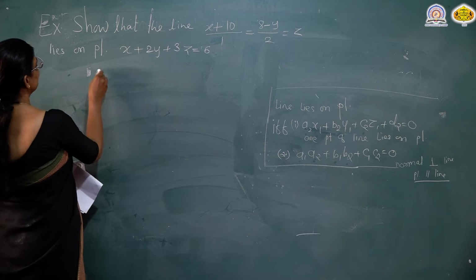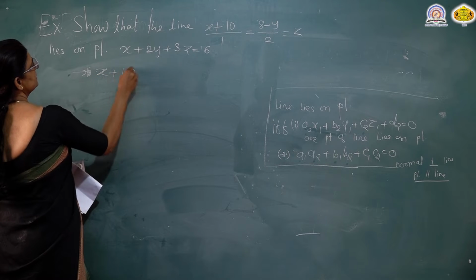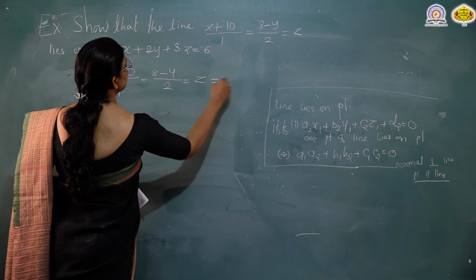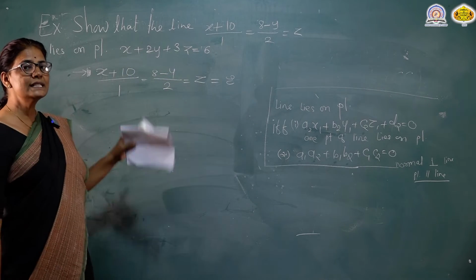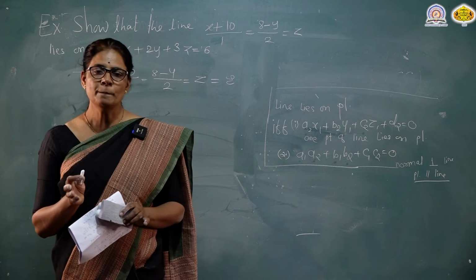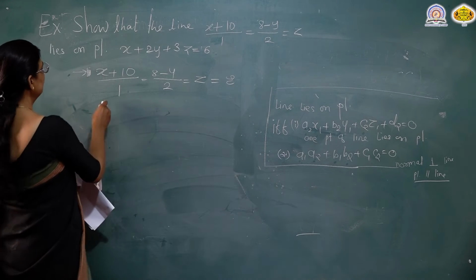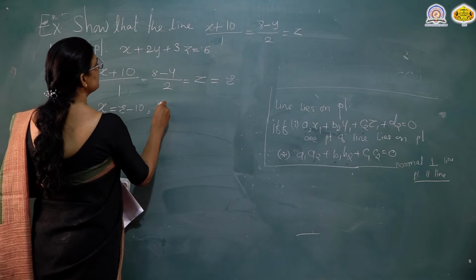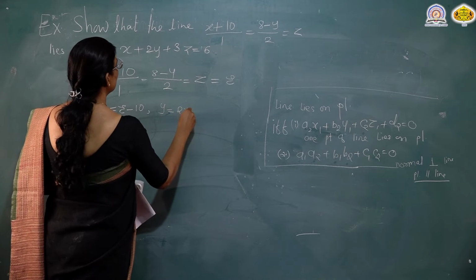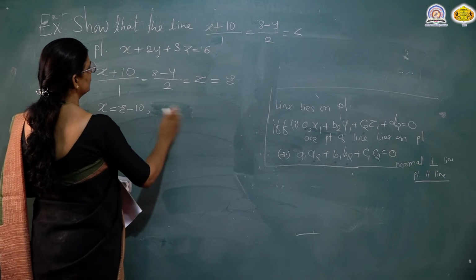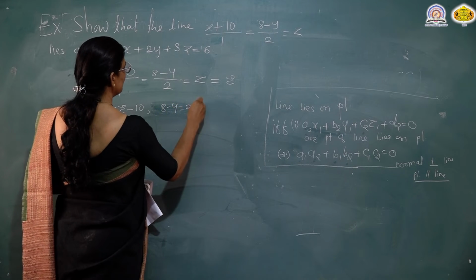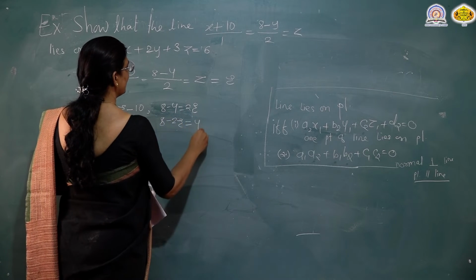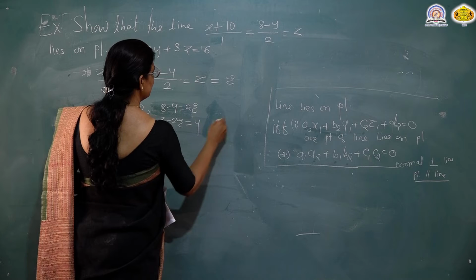So now here, to find the arbitrary point, we consider (x plus 10) upon 1, (8 minus y) upon 2, equals z, say equals r. Now from this, equate each ratio to r and find the values of x, y, z. So here x equals r minus 10; 8 minus y equals 2r, so y equals 8 minus 2r; and last, z equals r.